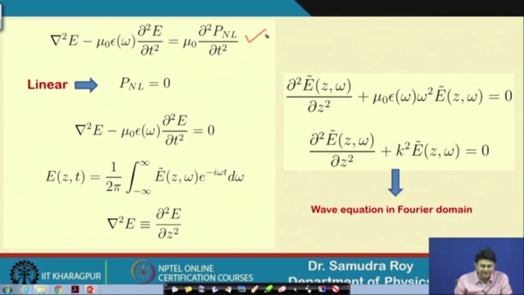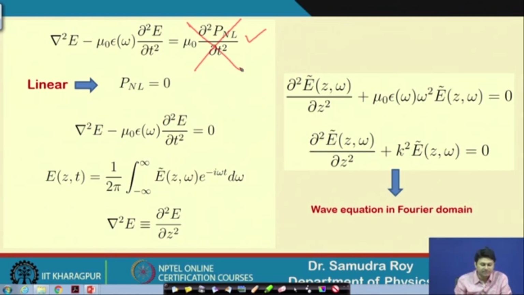So, I decided to start with this equation, but since we are dealing with the linear case, I am not going to take this term into account. So, this term is not there, that means no nonlinear polarization term is present.